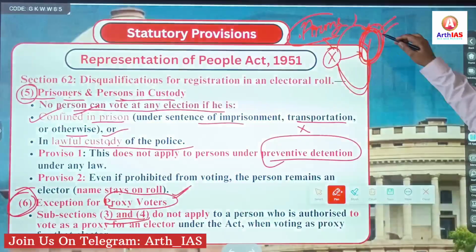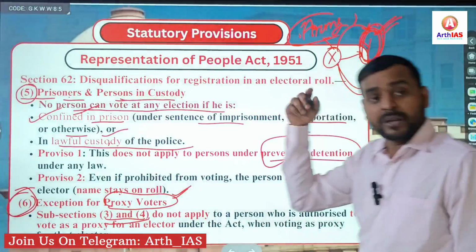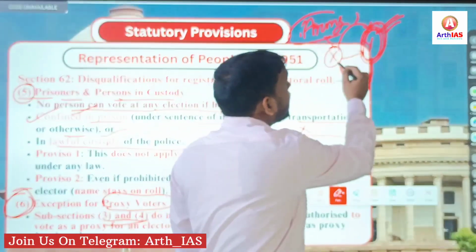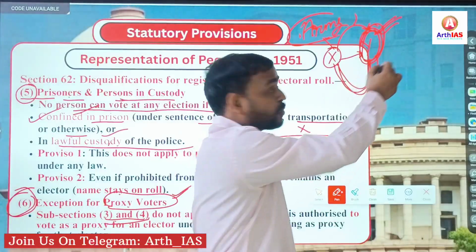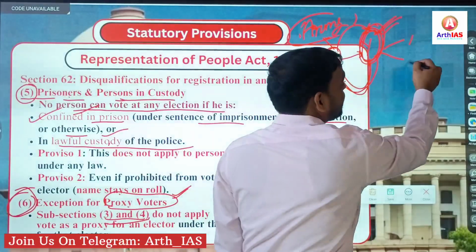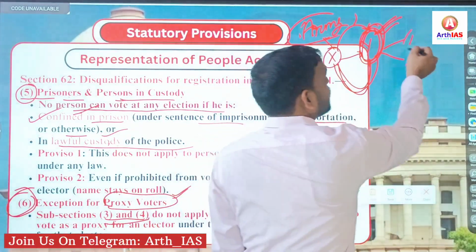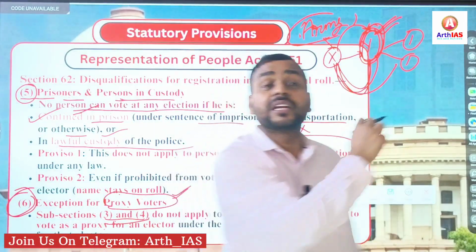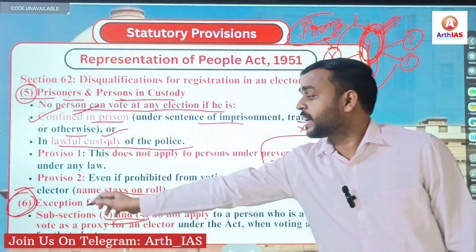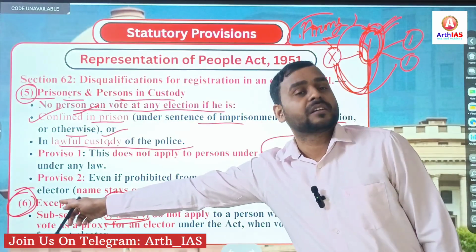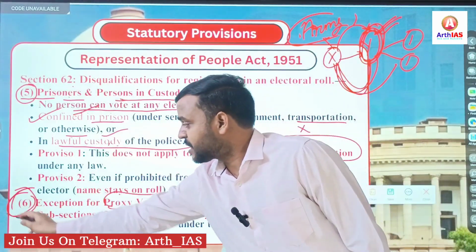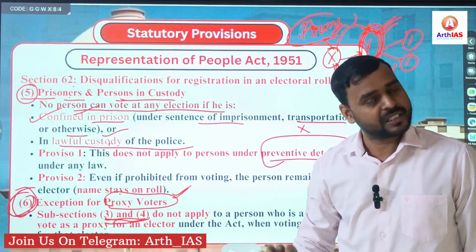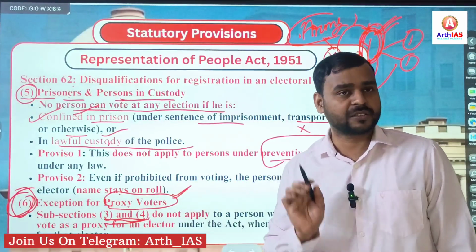Here, Y would have cast his own vote, and again he is casting a vote on behalf of X, so he is voting twice: one, his own vote, and second, as a proxy voter. That's why section 62 subsection 6 is an exception to subsections 3 and 4. Simple. It is related to proxy voters.